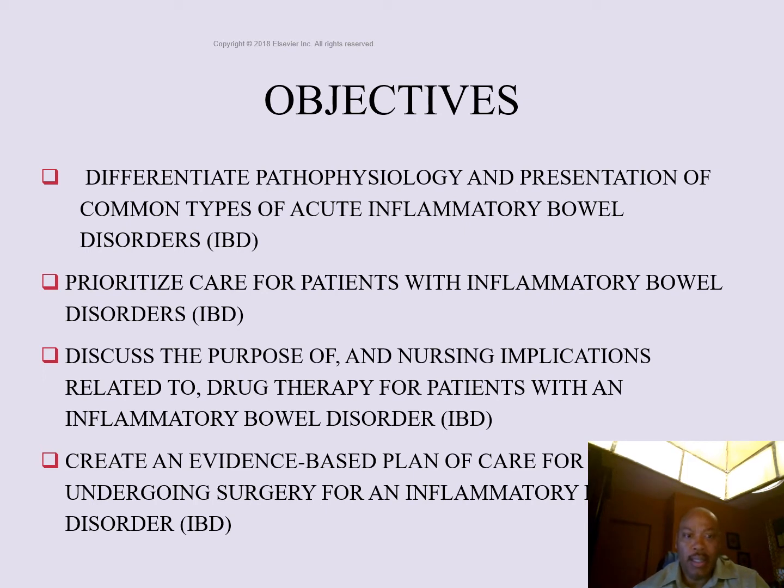We want to prioritize care for patients with inflammatory bowel disorders, discuss the purpose of and nursing implications related to drug therapy for these patients, and create an evidence-based plan of care for the patient undergoing surgery for an inflammatory bowel disorder, in particular colostomies and ileostomies.